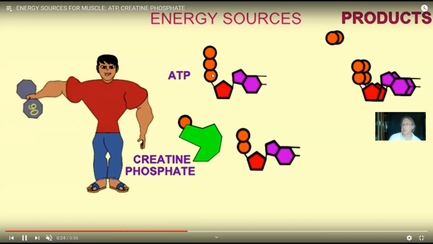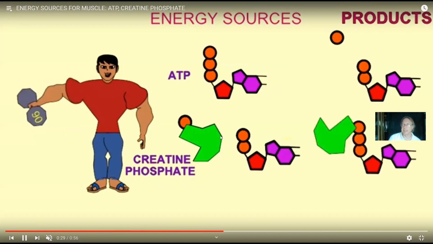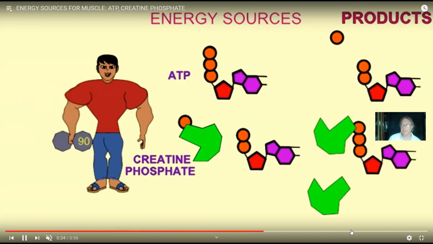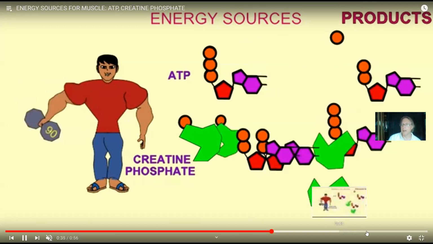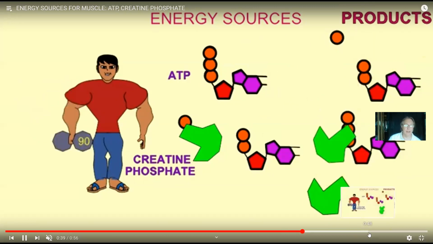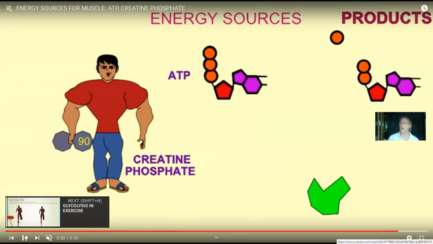So ATP is becoming ADP plus P, so it's adenosine diphosphate, but I can take this adenosine diphosphate and add a third phosphate to it and renew my ATP stores for a bit. So this is great, but it won't last forever. And so then the question comes up, what now? Well, now the answer is sugar.